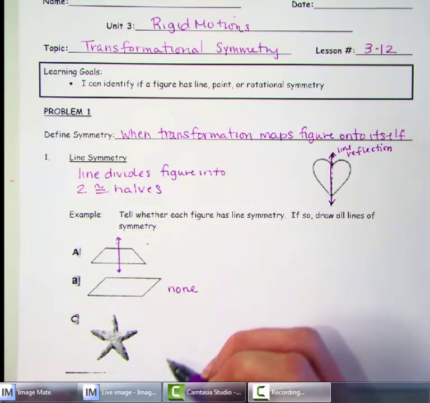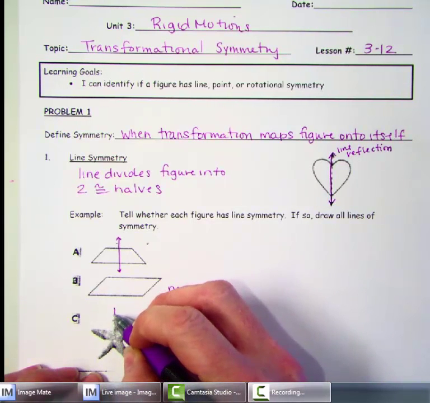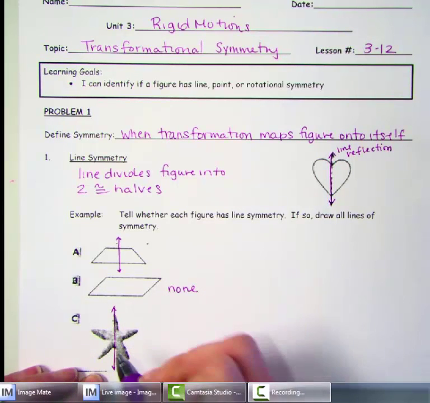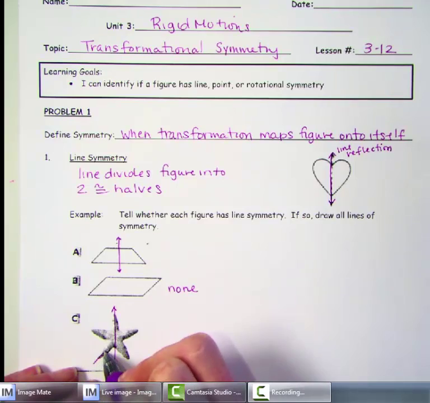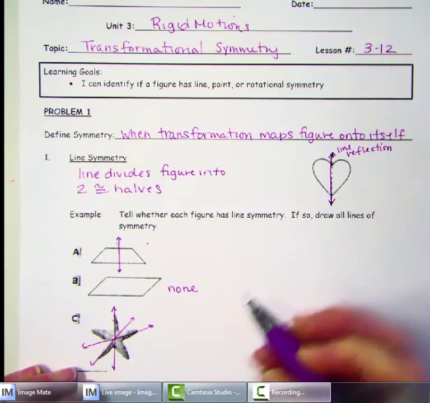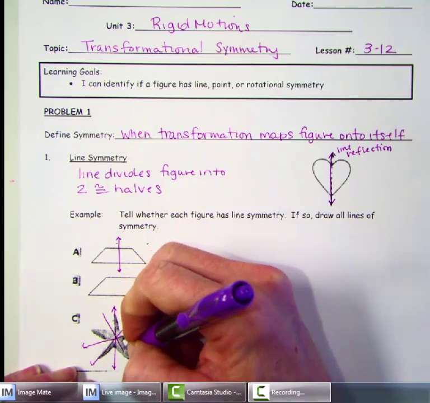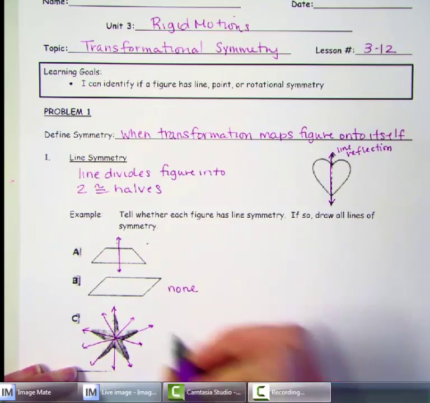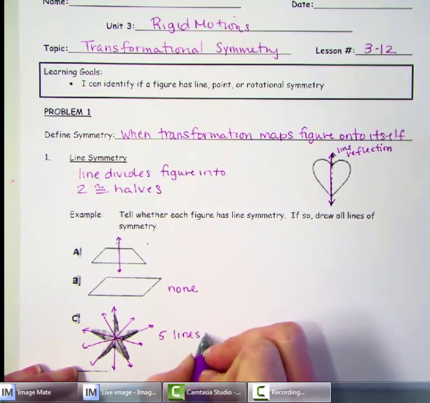This star has line symmetry, so I could draw a line through here and it would map onto itself. I could also draw a line of symmetry here, or here, or here, finally here. So this star has 5 lines of symmetry.